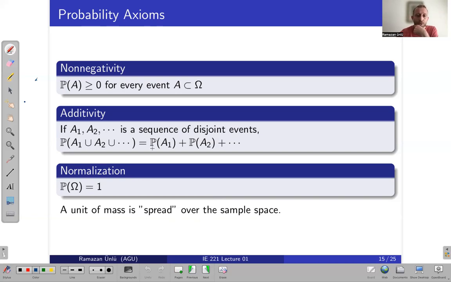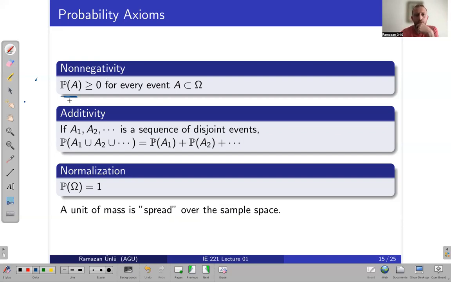Okay, the first one is non-negativity. So I can say that the probability of any event should be greater than or equal to 0. Okay, so the probability cannot be a negative number.